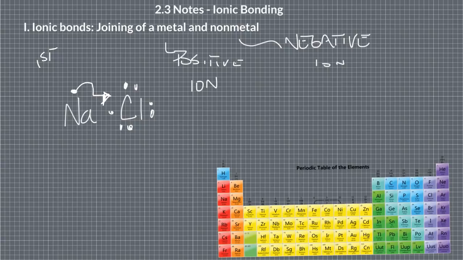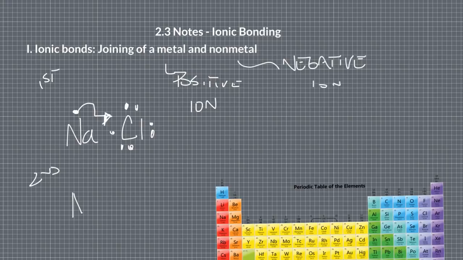Next, the second step is to show the transfer of the electron and the new charge for each atom. Sodium, because it lost that electron, now becomes a 1 positive charge. It has 1 more proton than it does electron.